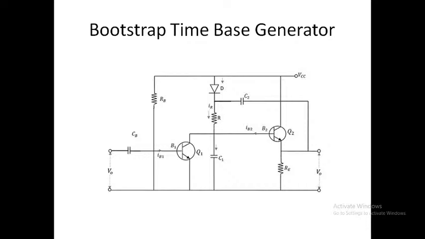In the Miller sweep generator, before applying the input pulse, the output is at VCC, but in the bootstrap time generator, before applying the input pulse, the output is at 0. So this is the basic difference.